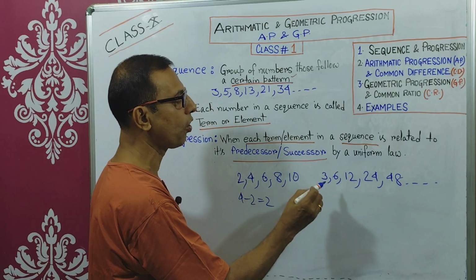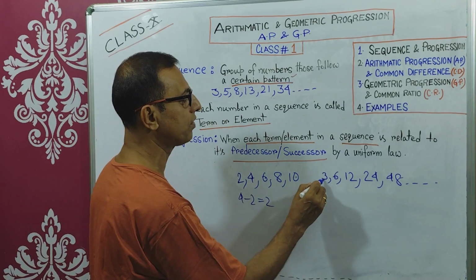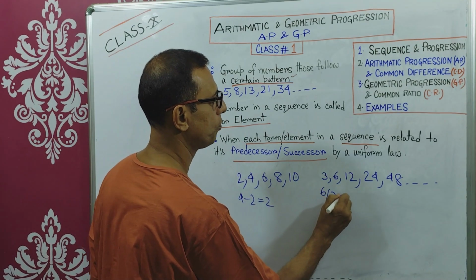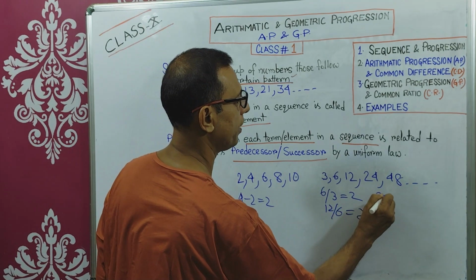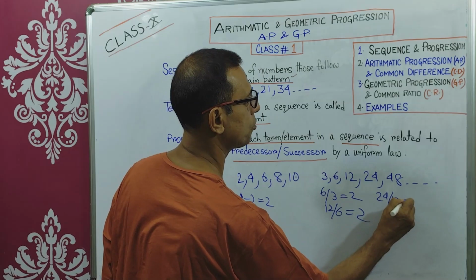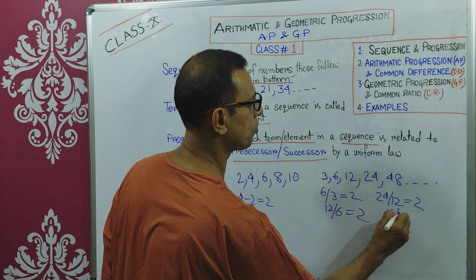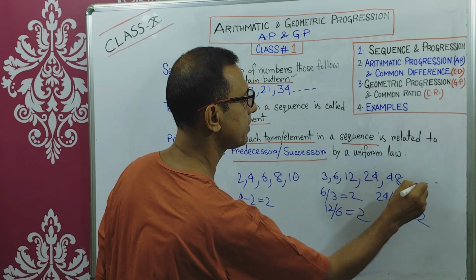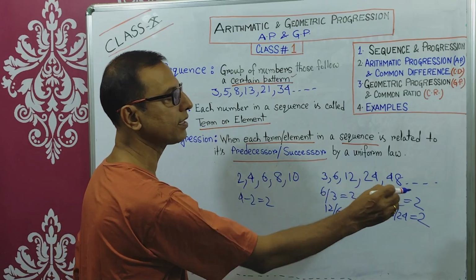The difference is not the same, but the ratio between two consecutive terms is the same. 6 by 3 is 2, 12 by 6 is 2, 24 by 12 is 2, 48 by 24 is 2. This is also a progression, where the ratio between two consecutive terms is equal.